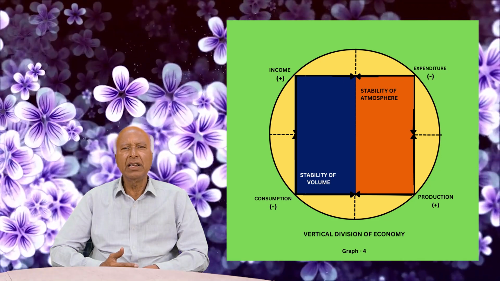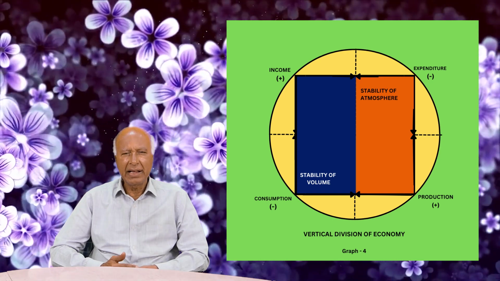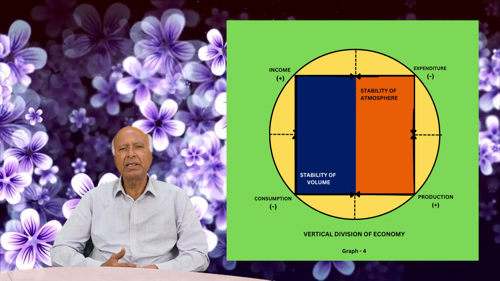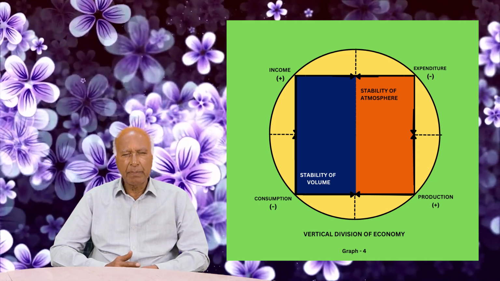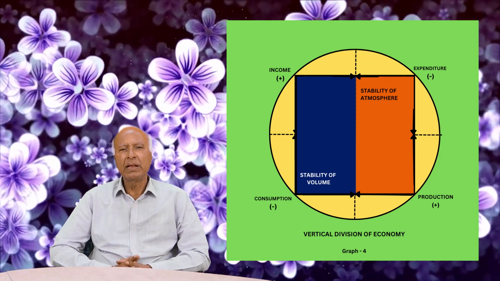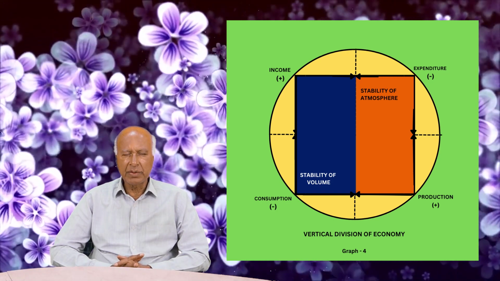In totality, why is the change in the rectangles causing disturbance in the stability of the economy? The pressure on demand value can be because of higher consumption.